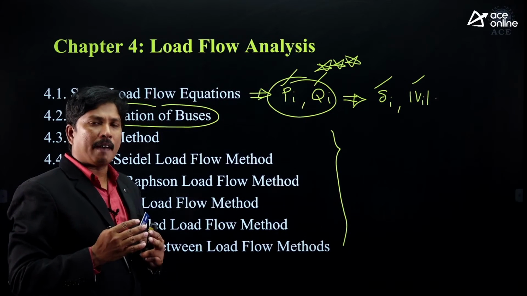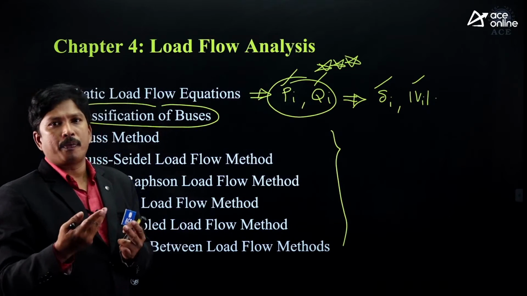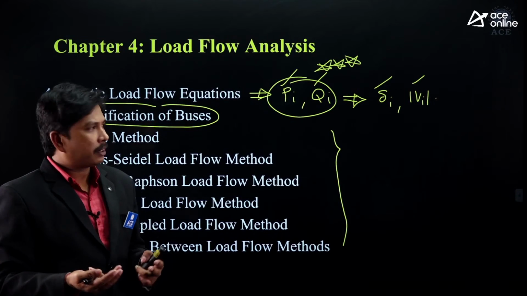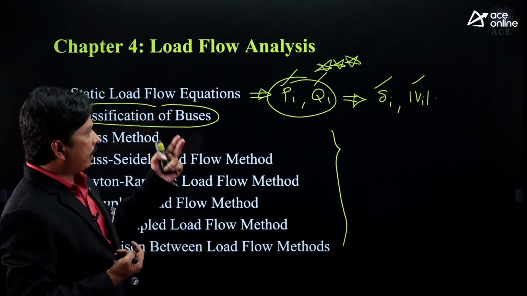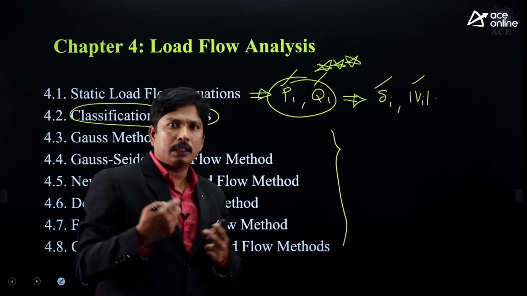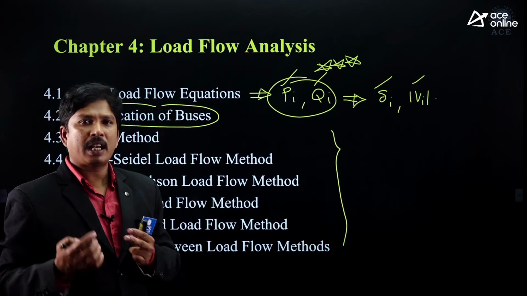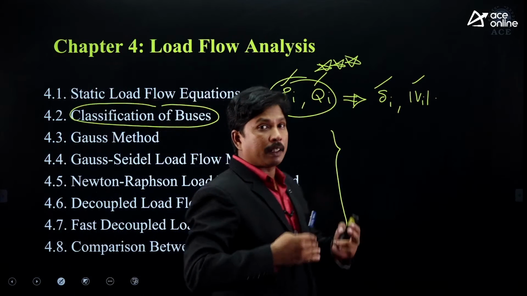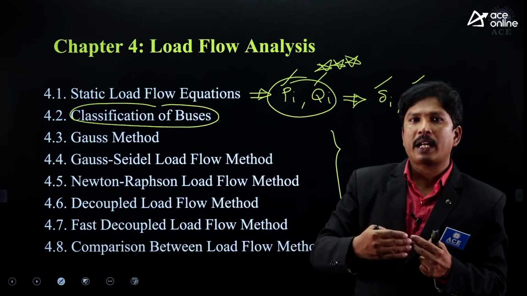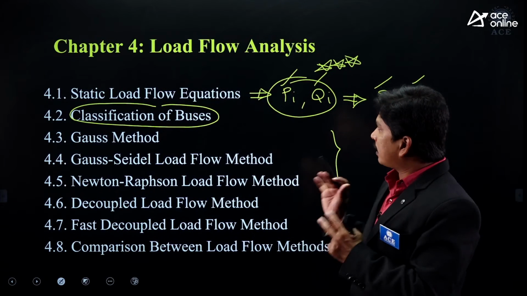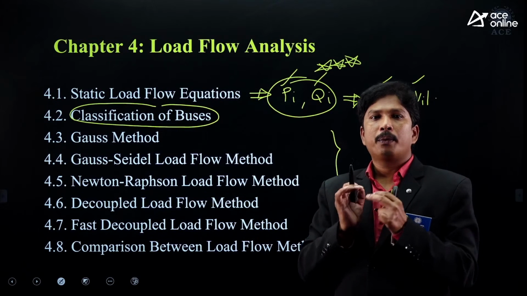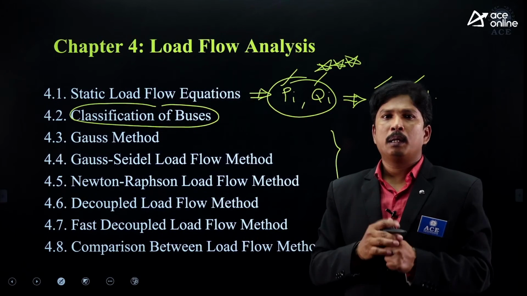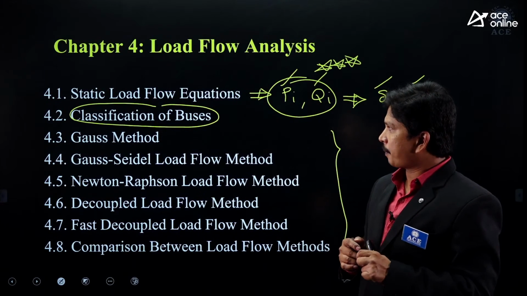If P and Q are known, it will be a PQ bus; if P and V are known, that will be a PV bus; and if delta and V are known, that will be a slack bus. So we are having PQ bus, PV bus, and a slack bus. Based on the static load flow equations, we are classifying the buses in the entire power system network.